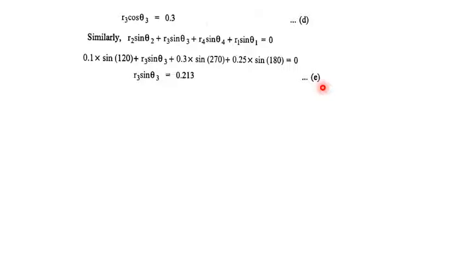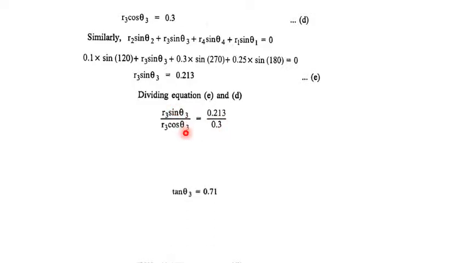So now I have two equations, equation D and equation E. Now I am going to divide equation E by equation D. So R3 sin theta 3 divided by R3 cos theta 3 is equal to 0.213 divided by 0.3. Sin theta by cos theta becomes tan theta, and here R3 gets cancelled.